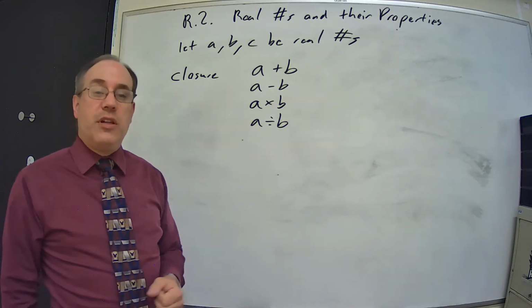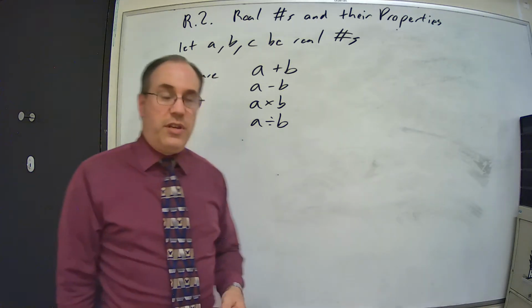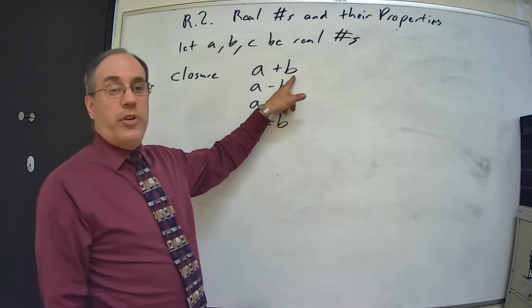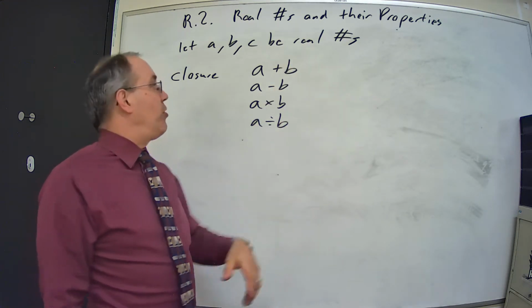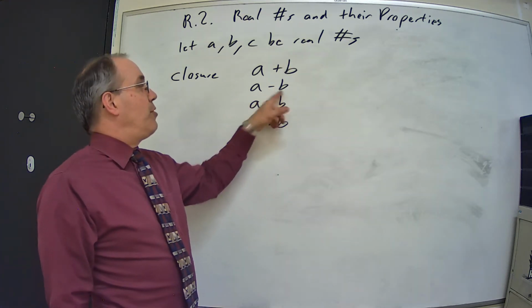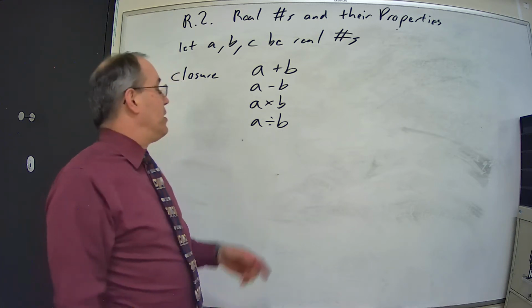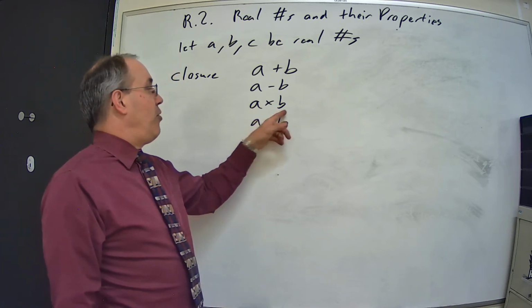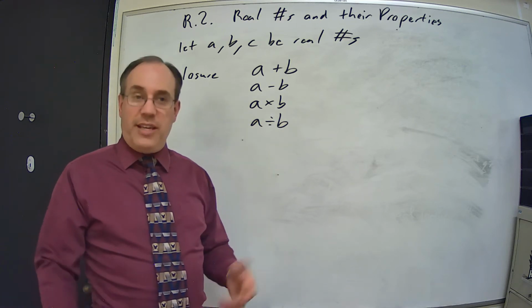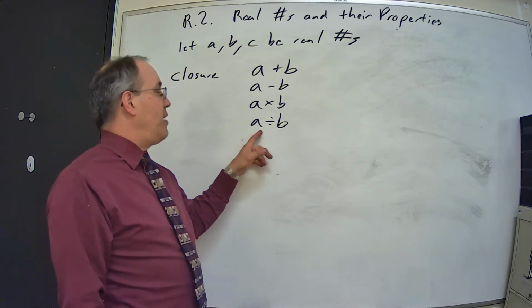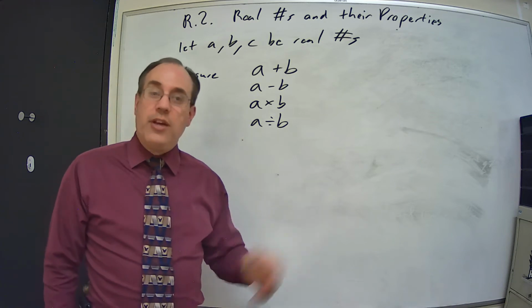If I was dealing with whole numbers, then add a whole number to another whole number, you get a whole number. Subtract a whole number from another whole number, you may not get a whole number. Multiply a whole number by another whole number, you're going to get a whole number. But if you divide a whole number by another whole number, you may not.